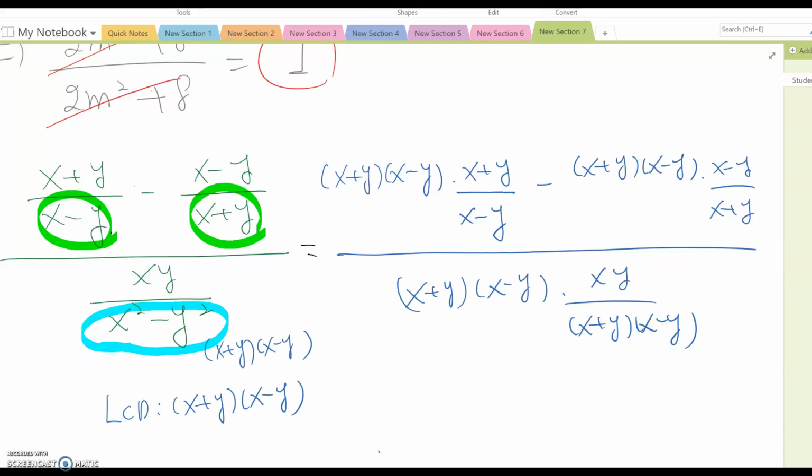So we cancel out this and this, and this and this, and this and this.